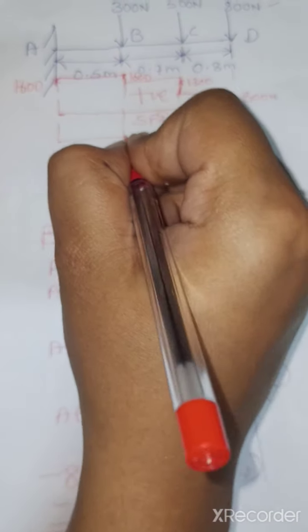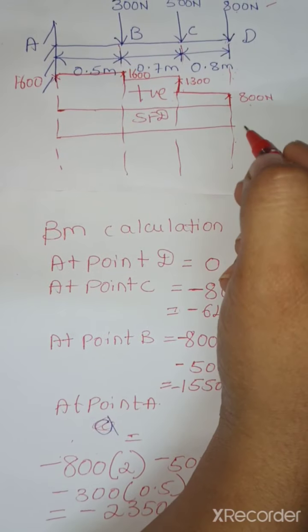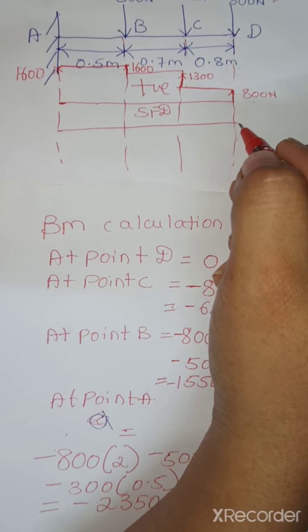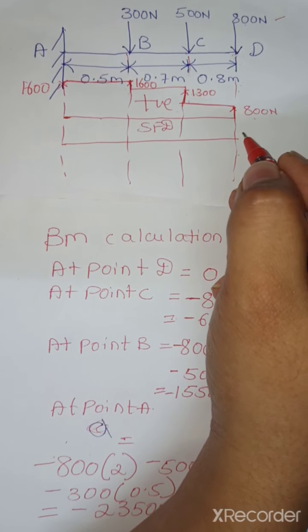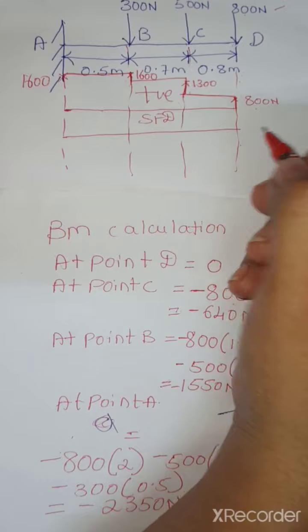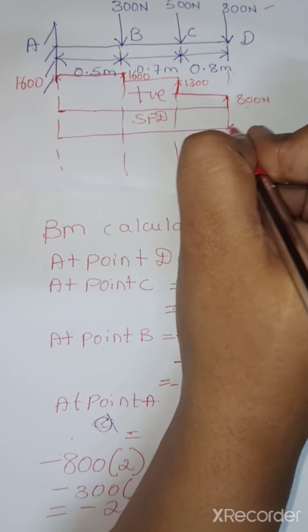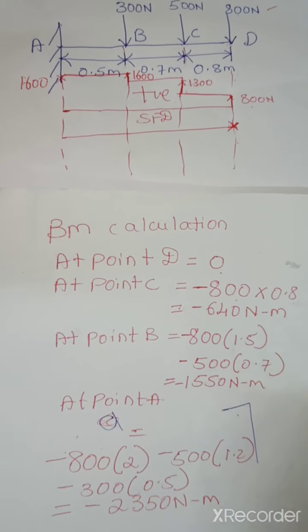So next is the bending moment diagram. As I said, we need to draw the baseline first, on which the values which are positive will be drawn above the baseline, and the values which are negative will be drawn below the baseline. At point D I have 0, so exactly it will be coinciding on the baseline itself.